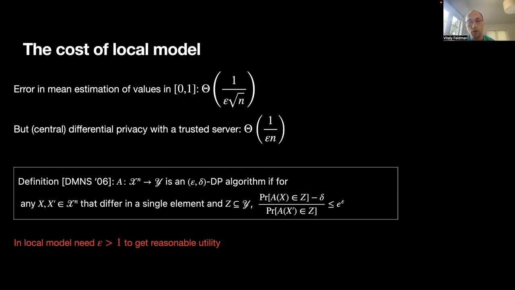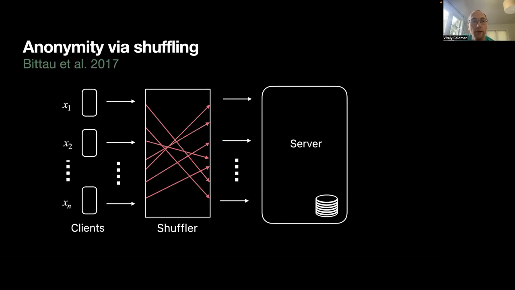And to address these privacy concerns with the use of epsilon being larger than 1, Vitaly et al. proposed the following solution. They proposed introducing a shuffler as an intermediate step between the server and the client.